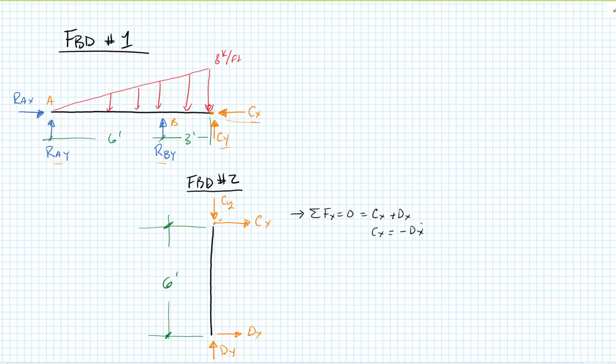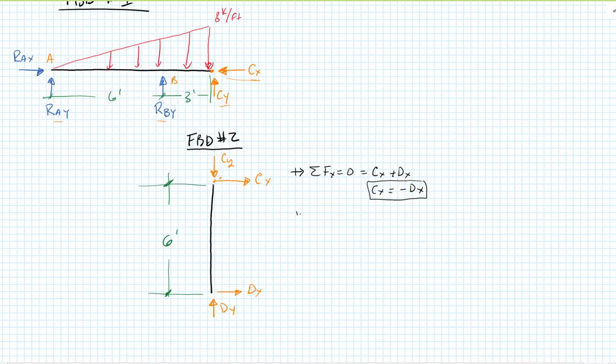That's a nice simple equation that we can use in the future. Let's sum our forces in the y direction equals 0, and I get minus Cy plus Dy has to equal 0, so Cy has to equal Dy. So there's another nice simple one.